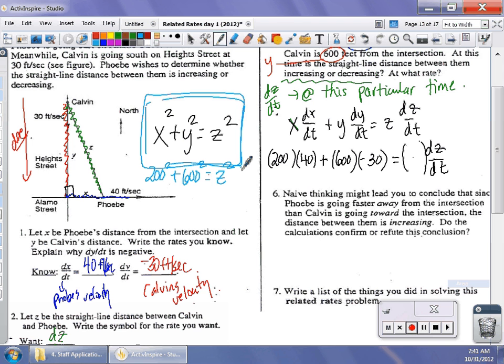And of course you would use a calculator to calculate that. And z, using my calculator, turns out to be 632.456. That's a rounded off value, feet. So I'm going to take that value in here. I'm going to write it sideways because I didn't leave myself very much room.